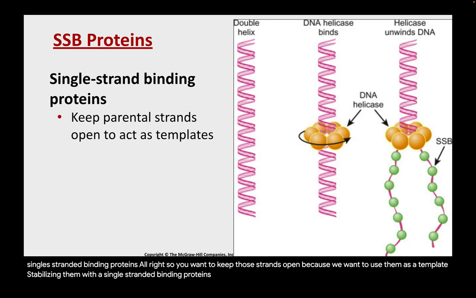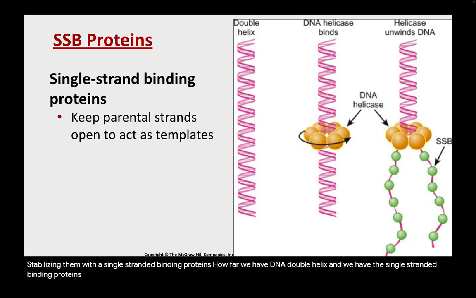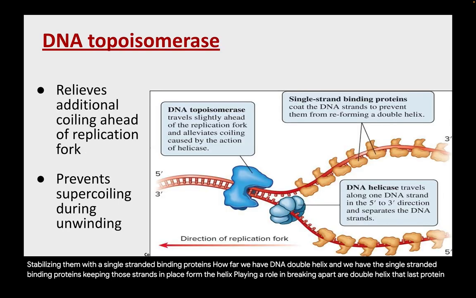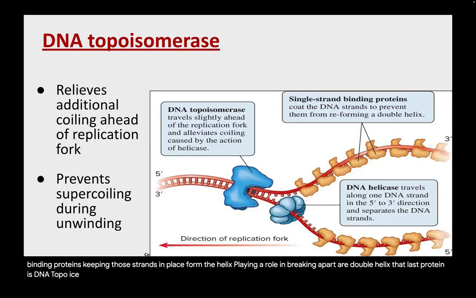So far we have DNA helicase unzipping the DNA double helix, and we have the single-stranded binding proteins keeping those strands in place. We don't want them to reform the helix. But there's one more protein playing a role in breaking apart our double helix. That last protein is DNA topoisomerase. What this protein does is it works ahead of the DNA helicase, and it helps relieve any additional tension that the unwinding might put onto the double helix.